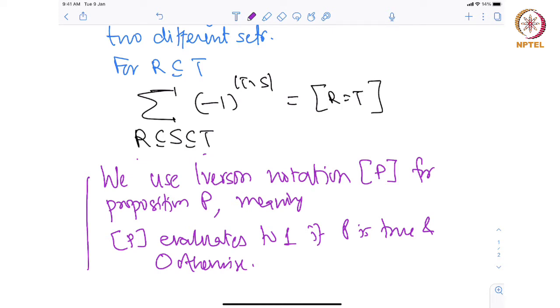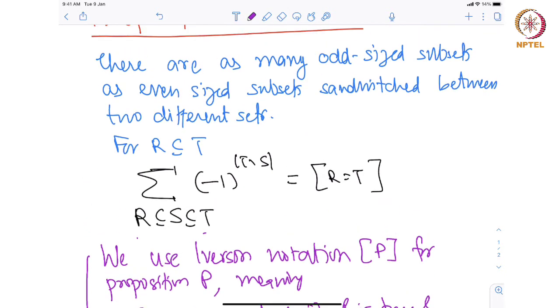And if R and T are not equal, then the contributions from the odd size sets and even size sets will cancel out each other, and this is exactly what it means: there are as many odd size subsets and even size subsets sandwiched between two different sets.